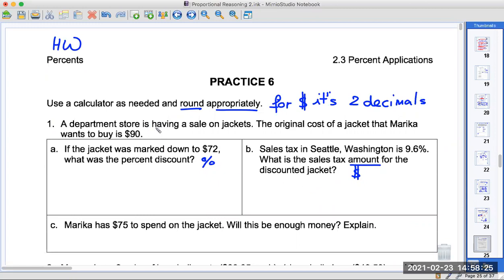So my little note is find discount and subtract. And then after you're done with that, you have to find the sales tax, find the sales tax amount, and add.